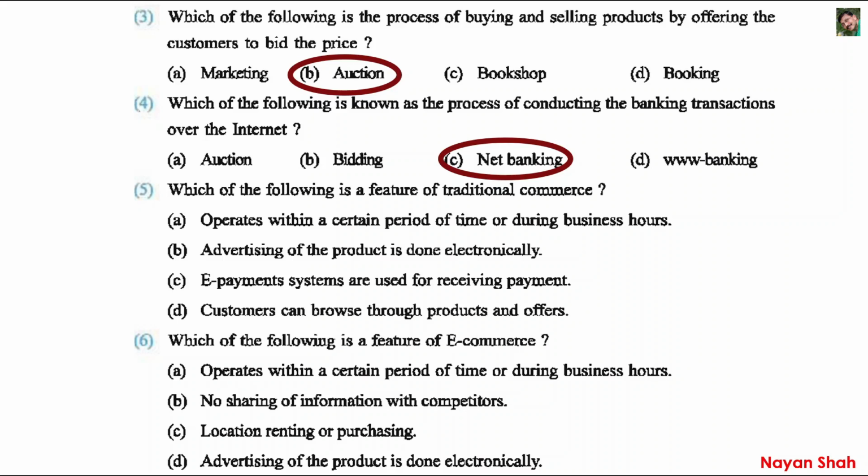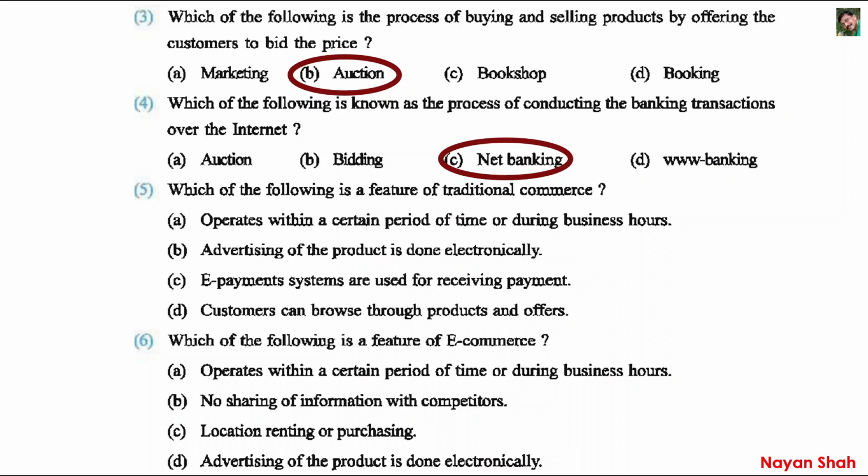No. In traditional commerce, there is no e-payment system. It is only cash or credit card or like this. You can say that credit card payment is an e-payment system, but still no, it is an e-payment system only when you make payment on the website of that particular shop.